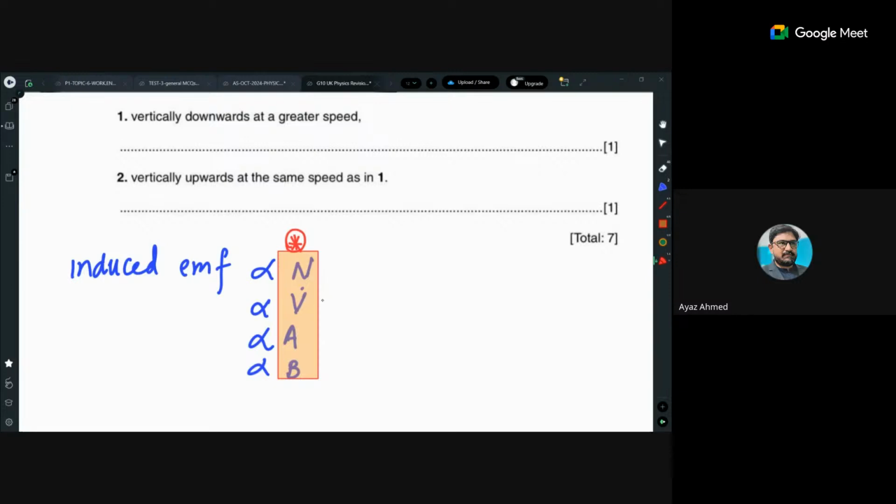When you are moving it faster, fast motion, more current. Got it? Number of turns and all that stuff.